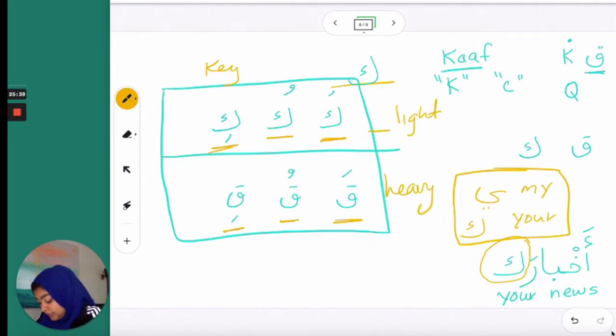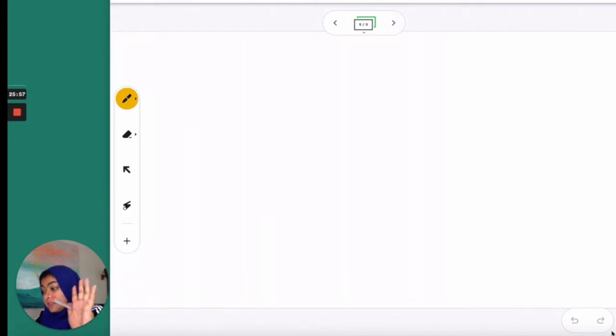So if you were to look at listening exercise 5 on the top of page 152, there are comparisons, right, between the two words. One that has a kaf and one that has a qaf. So let's look at some of them. Let's look at khamsa, number 5.